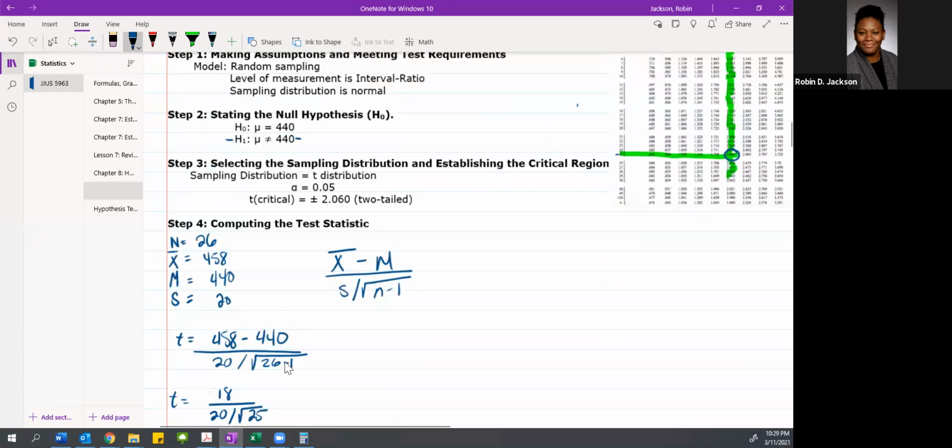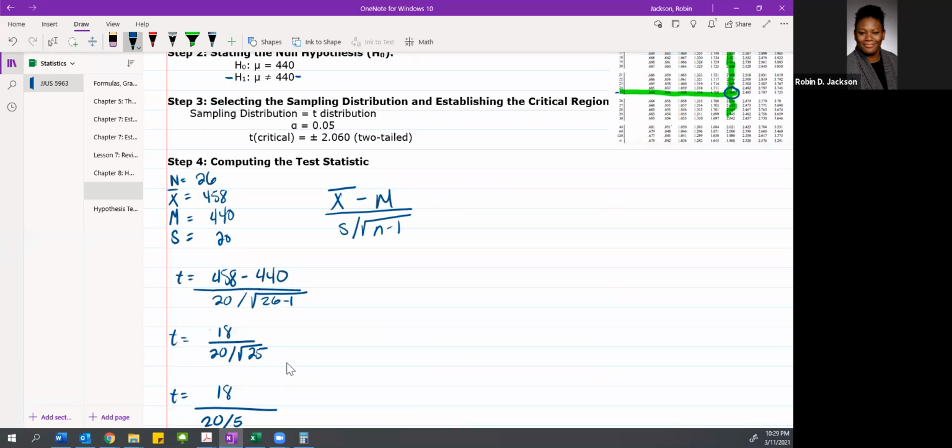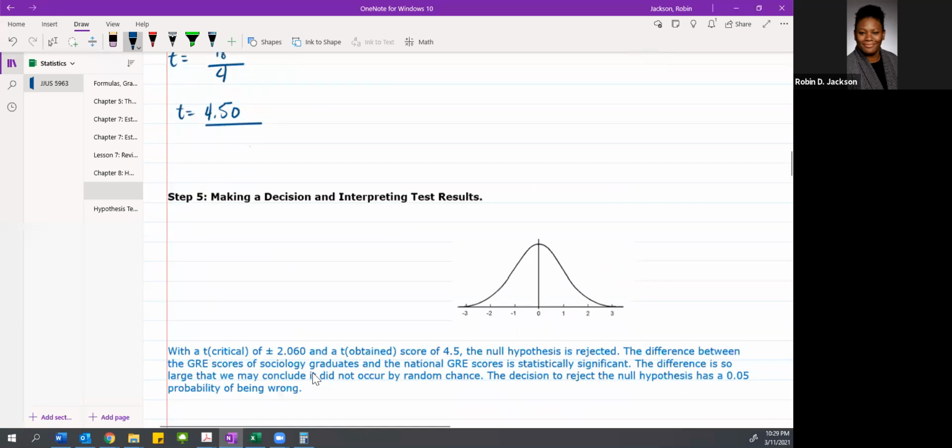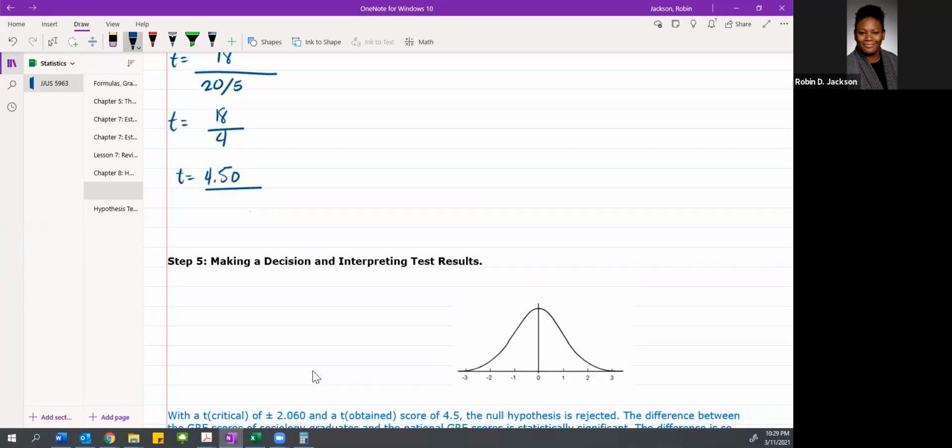All right, the reason I'm scrolling back up is that we're now at the point where we're going to write the information in for step 5. Our T critical for step 5 is going to be plus or minus 2.060. So let's go ahead and write that. T critical is going to be equal to plus or minus 2.060.